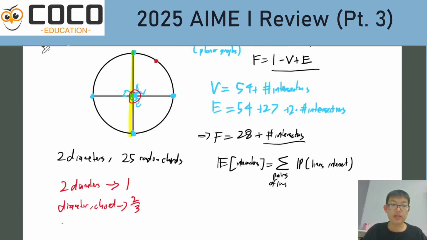Then you have 2 chords, which is obviously the most tricky one. Now for 2 chords, I further split into cases of whether the endpoints are in the same 2 quadrants. Okay, so this is more casework.